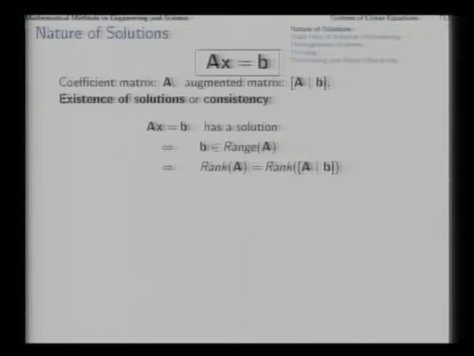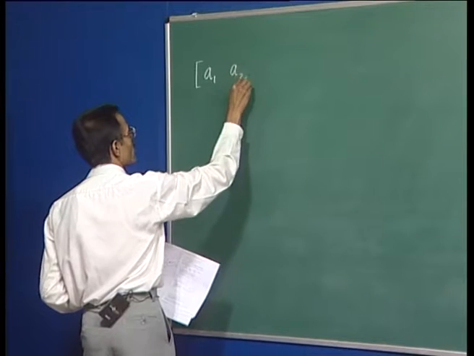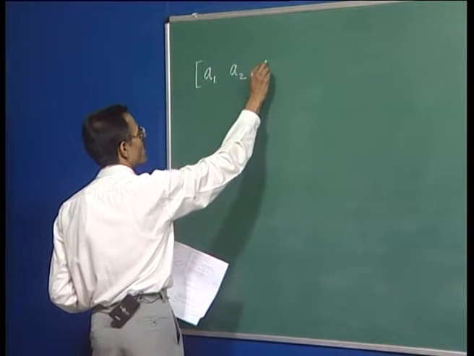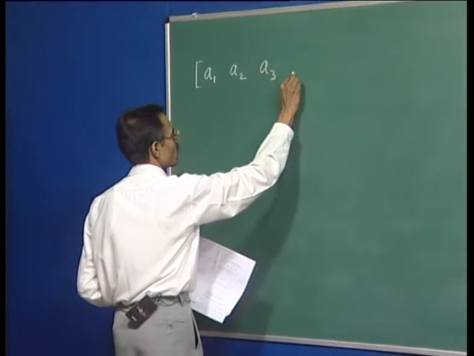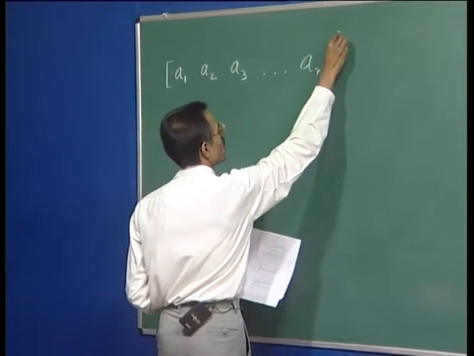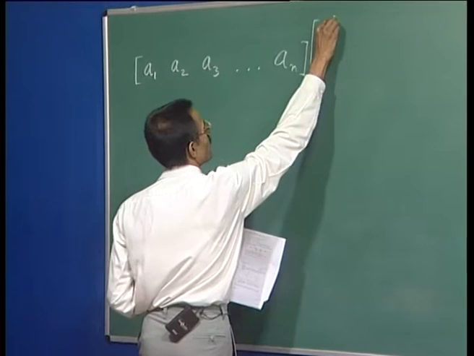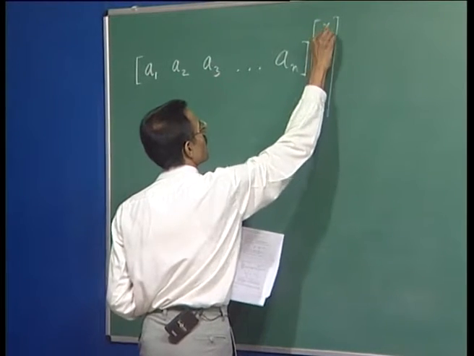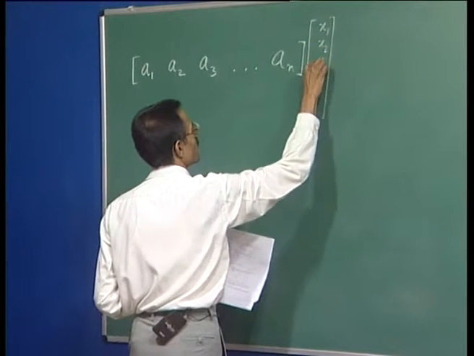This is very easy to visualize, because if we write this system Ax = b in this manner, in which the columns of A are written as A1, A2 and so on, then the entries of x will appear in this manner.